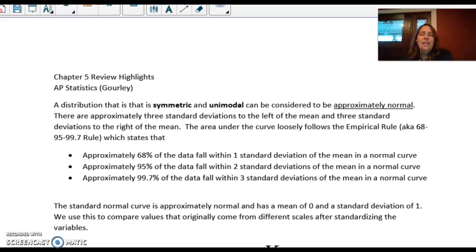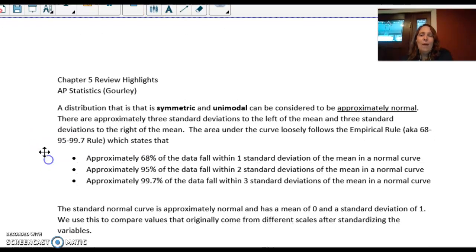As a reminder, that states that you have about 68% of the data falling between 1 standard deviation below and 1 standard deviation above the mean, 95% of the data within 2 standard deviations, and almost everything, 99.7% of the data, within 3 standard deviations from the mean. Again, this is not perfect.